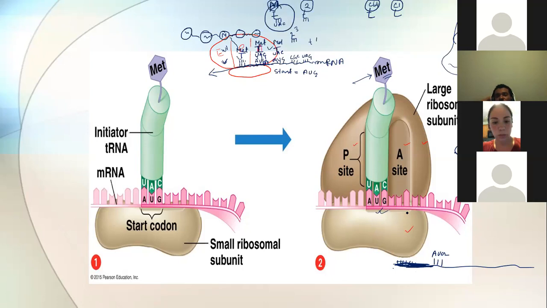Okay, are you clear? Basically, the messenger RNA moves from this side to this side, from A to P and then to the E site. Now, what happens when the stop codon, let's say UGA, University of Georgia, which is one of the stop codons, reaches the A site?